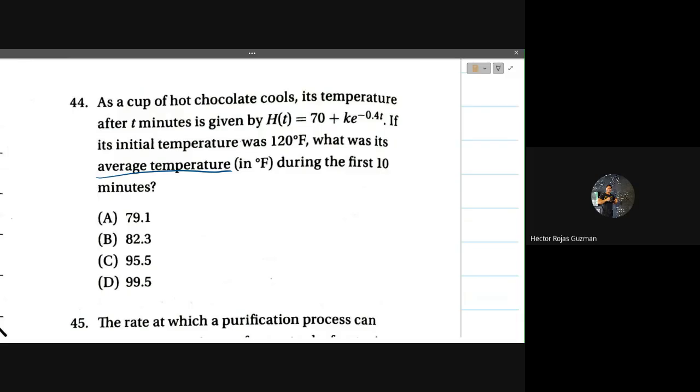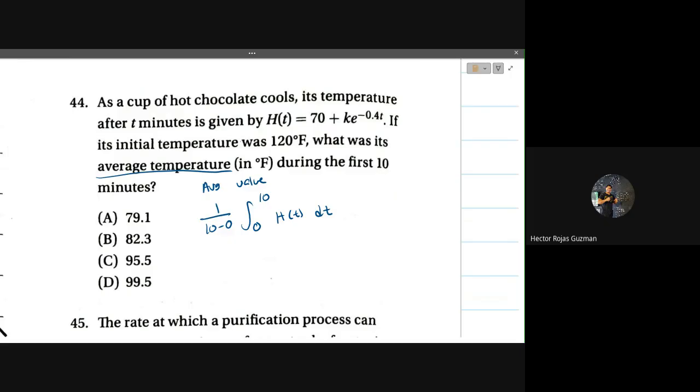Do you know what they want me to do when they say find the average temperature? They want me to find average value. Average value. So we got 1 over b minus a times the integral from a to b of h of t dt.